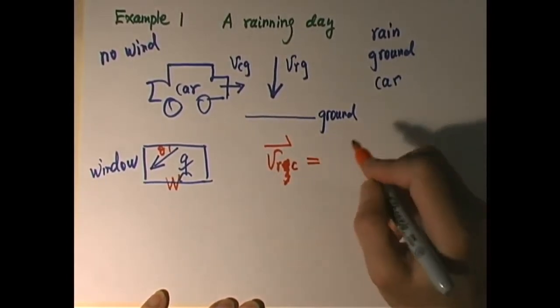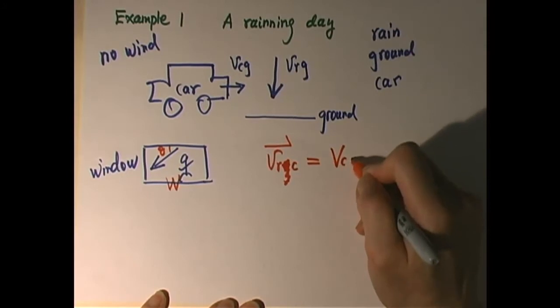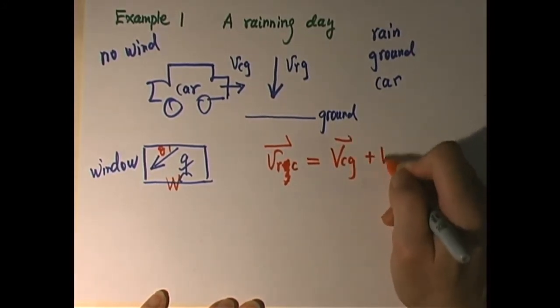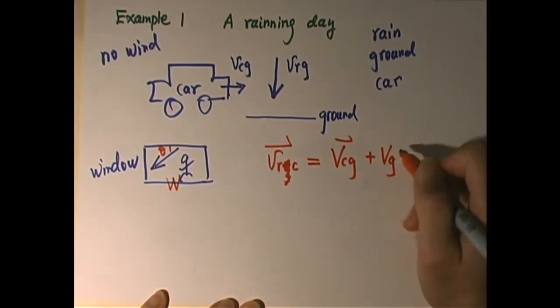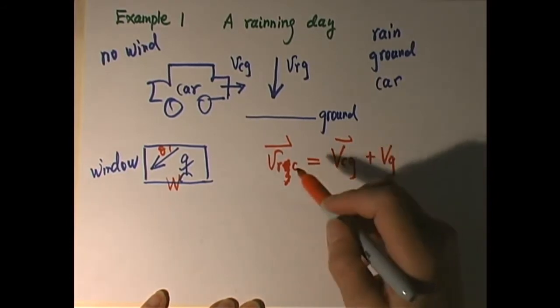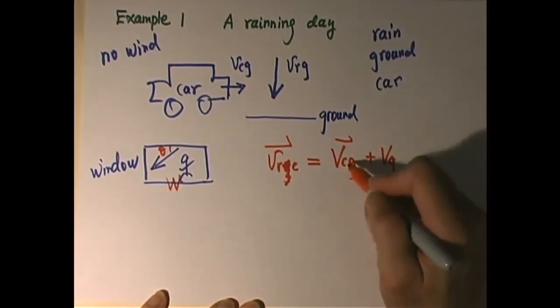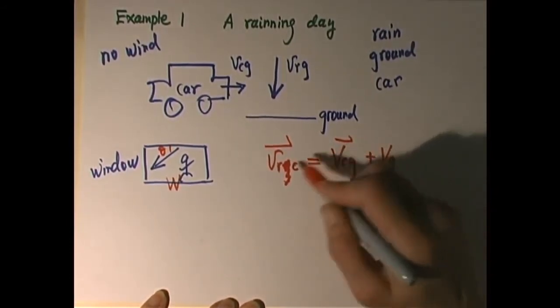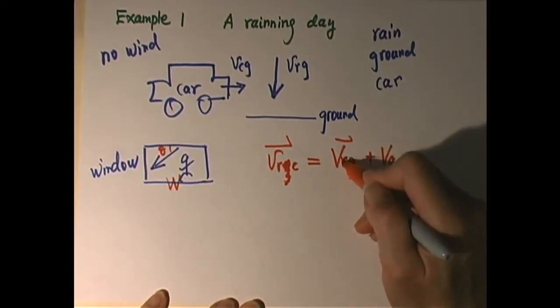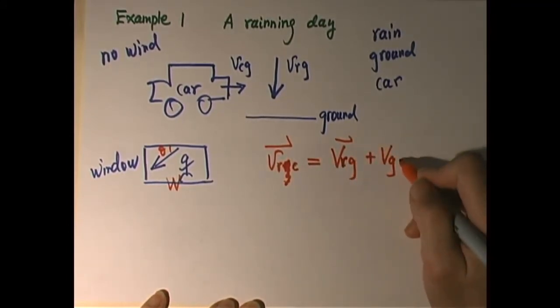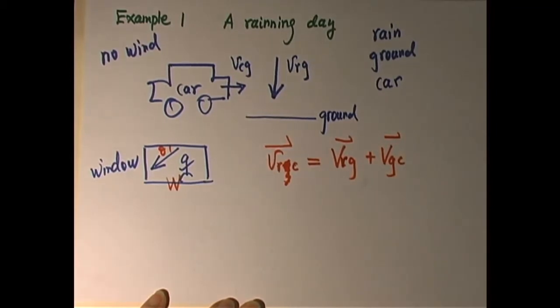V rain to the car is V rain to the ground plus V ground to the car. How do we get that?